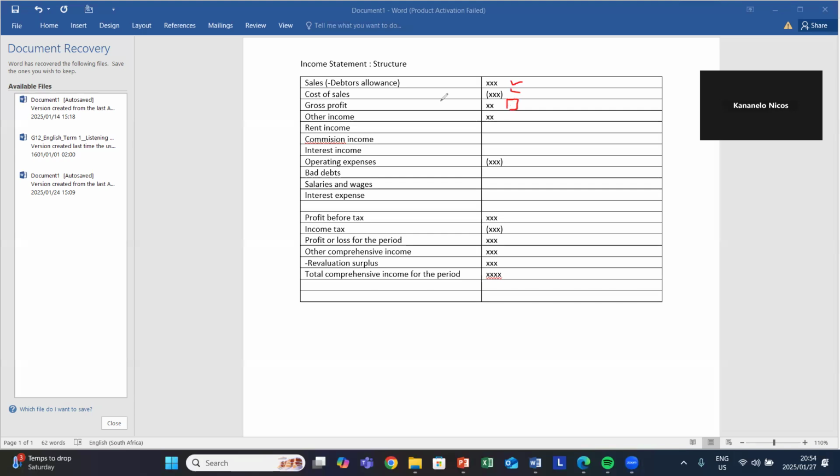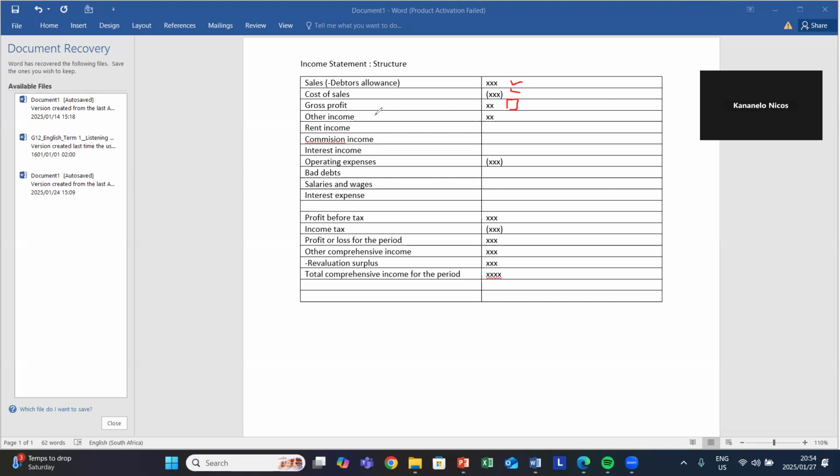And then after that, you have your other incomes. Your other incomes refer to the likes of rent income, commission income, and also interest income. We know that you do not have only three incomes, but a variety of incomes, maybe finance income and so forth.